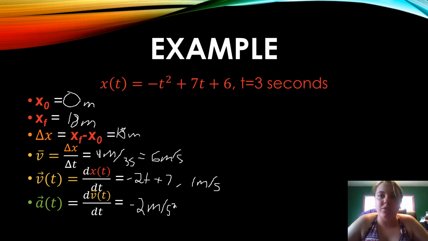In Physics 101 and 102, I can almost guarantee that you will exclusively deal with constant accelerations. It makes life simpler when you're learning these concepts. So this means that the entire time our ball was moving, its velocity was decreasing by 2 meters per second every second. And that's what our acceleration means.